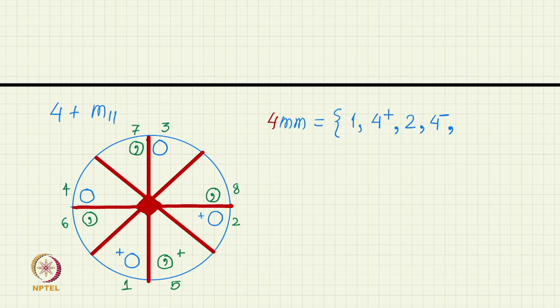Here the mirror designations are easier. You just have mirror perpendicular to 1 0, mirror perpendicular to 0 1, because these will be the directions. This direction is 1 0, this direction is 0 1, this direction is 1 1, and this direction is 1 1 bar.